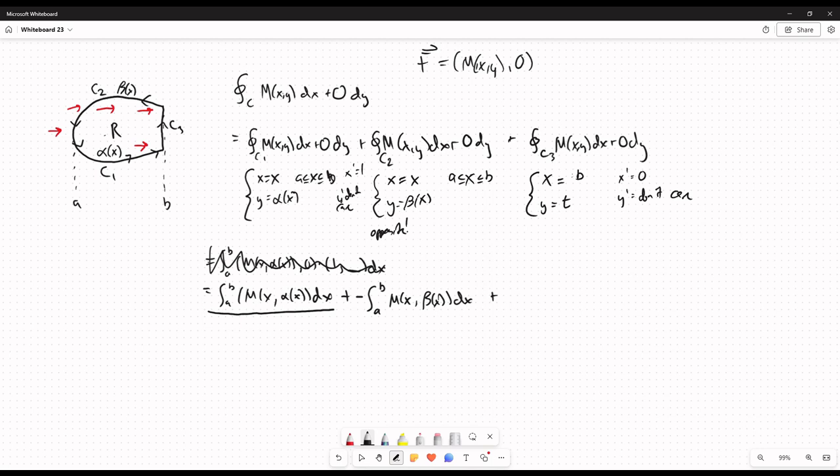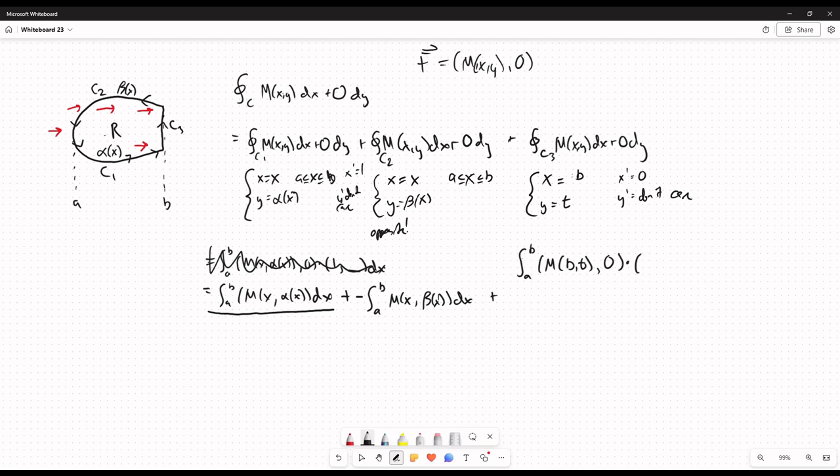And what's this last part? Well, essentially I'd be taking the integral from c to d of my vector field, which is M of the x component, and the y component is 0. Sorry, it's not just that, that's just the x component.